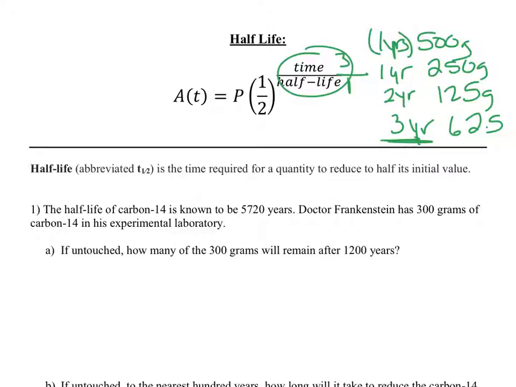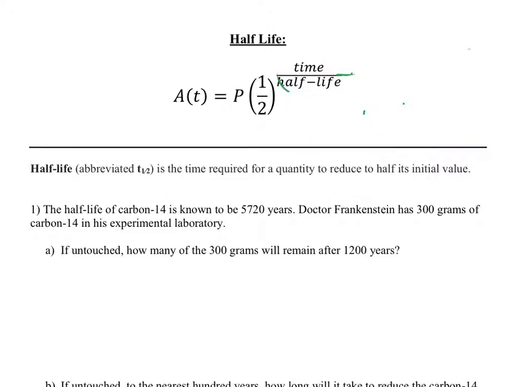So it's always time, like how much total time you have, divided by the half-life. Just make sure that they are in the same units. Because you couldn't do like 6 months as your half-life and 5 years. You would have to convert this to either months or this to years. So just make sure that they are the same unit.